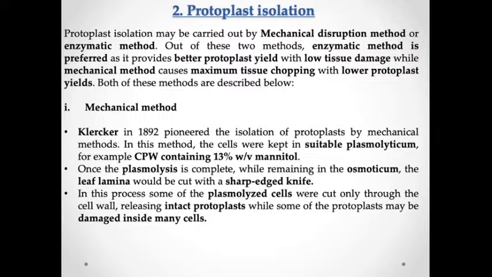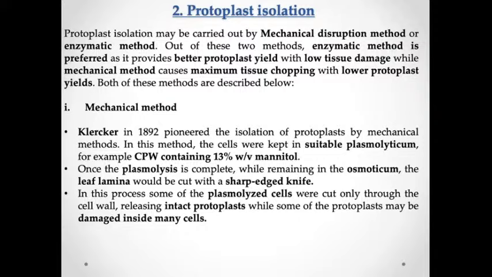First is the mechanical method. It was given by Klercker in 1892, who pioneered work with protoplasts by the mechanical method. In this method, he kept the tissue in a suitable plasmolyticum, for example CPW containing 13% weight by volume mannitol.